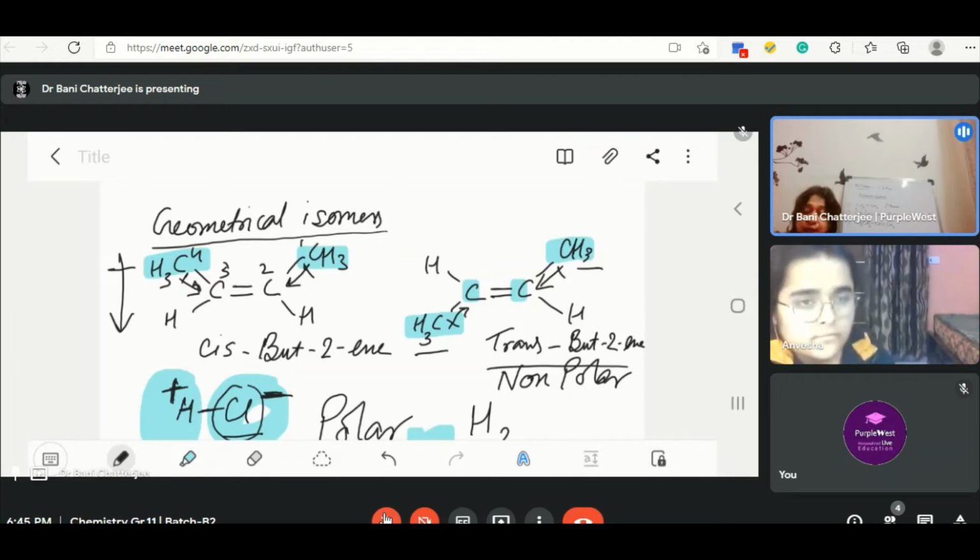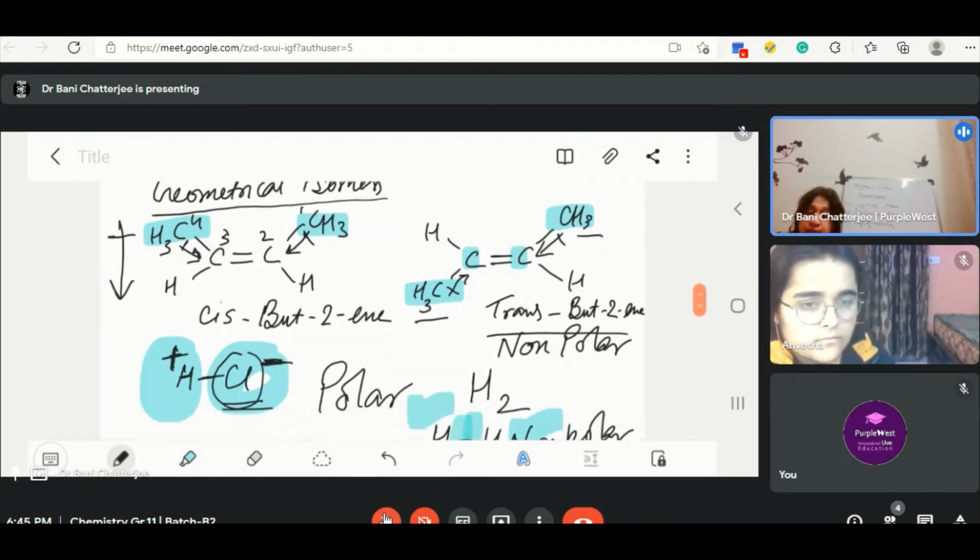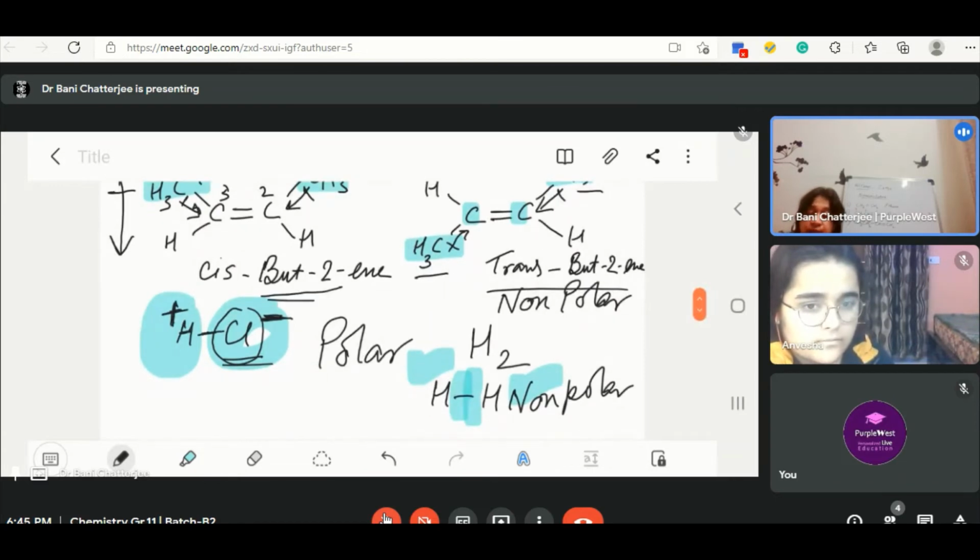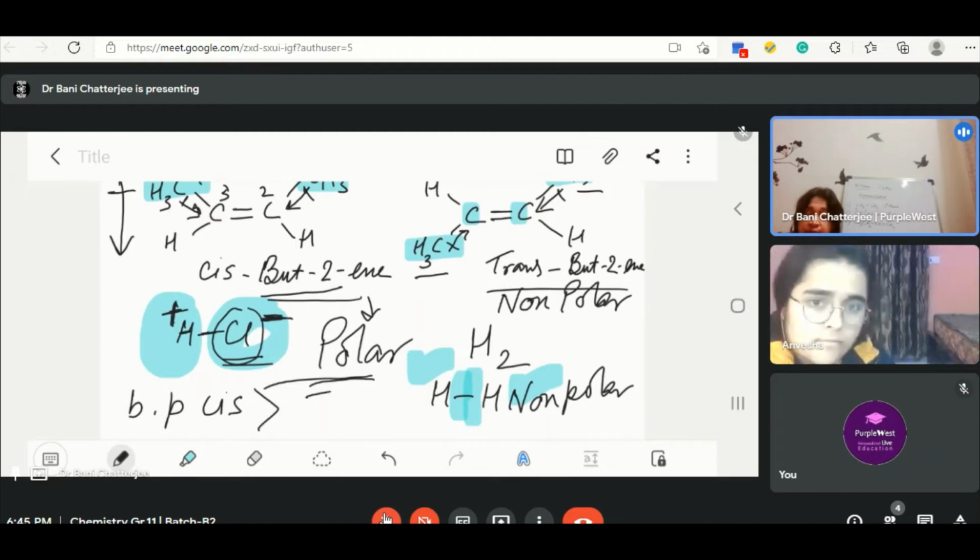So basically cis is polar. Anything which is polar has a high melting point and boiling point. So the boiling point of cis is greater than the trans.